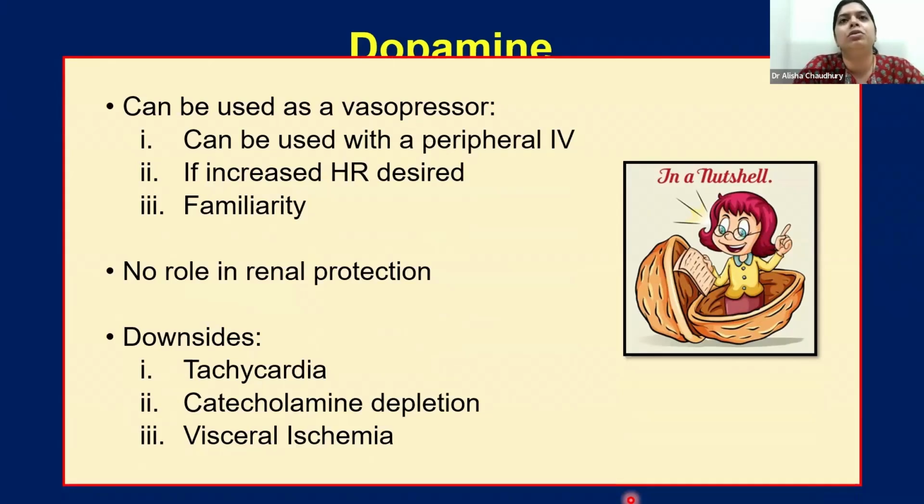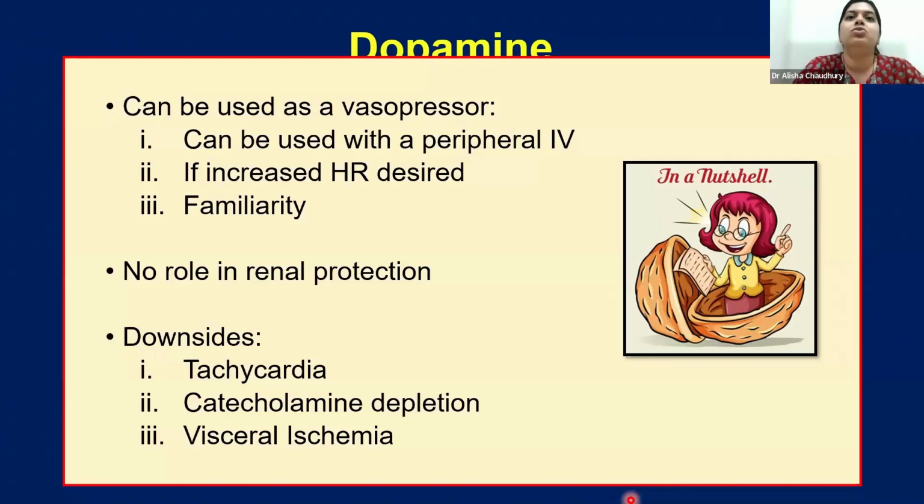Nowadays, probably you don't see a lot of dopamine in the ICU. Please don't start dopamine thinking that at less than 5 mics per kg per minute it is going to cause vasodilatation in renal blood vessels, so there will be improved blood flow to the kidney and more renal protection. Still, people are following these concepts in the ICU.